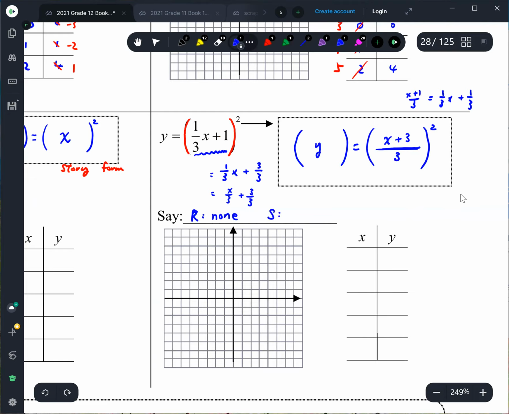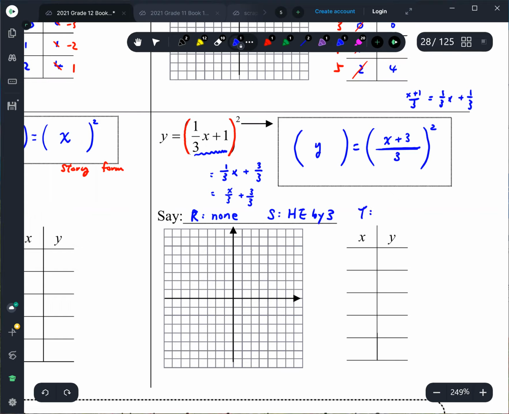For the S, what kind of S do we have? Eric, what's the S for this question? It's horizontally expand by 3, right? Yeah. Okay, so horizontally expand by 3.